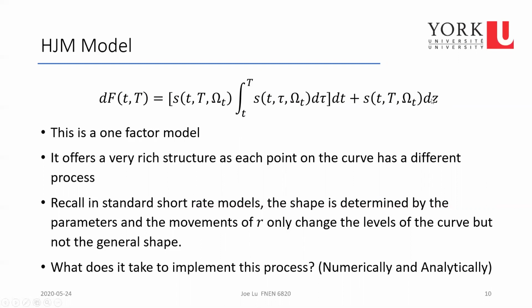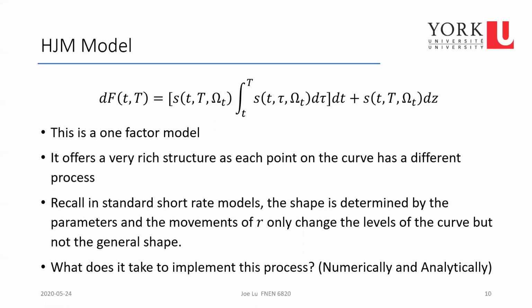Now, even if you have a one factor model, you notice that this is actually a process for only a single point on the curve. So the evolution of the entire curve has many of those points, right? Let's say you have n number of points on your instantaneous forward curve. And although each of the points is evolving with a single factor, the evolution of the entire curve is multifactored.